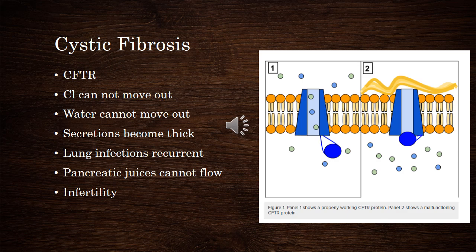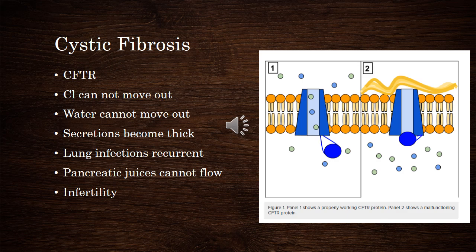This channel is specifically active in the epithelial tissues, where it normally helps produce thin mucus via the movement of water. When there is a mutation, this can lead to the production of an abnormal protein and abnormal channel, and the channel does not work properly.